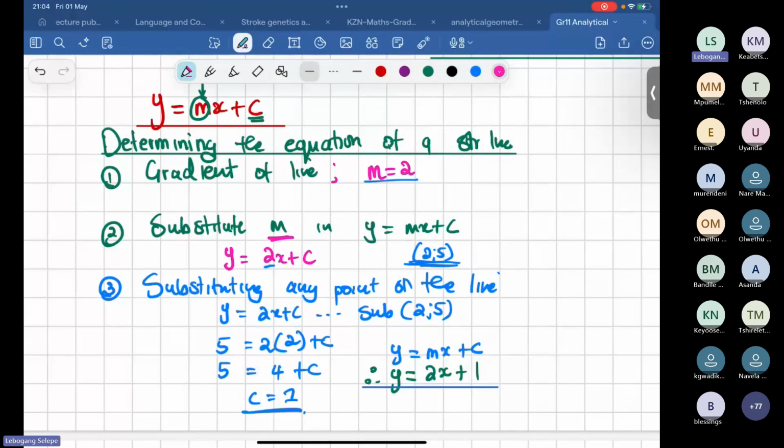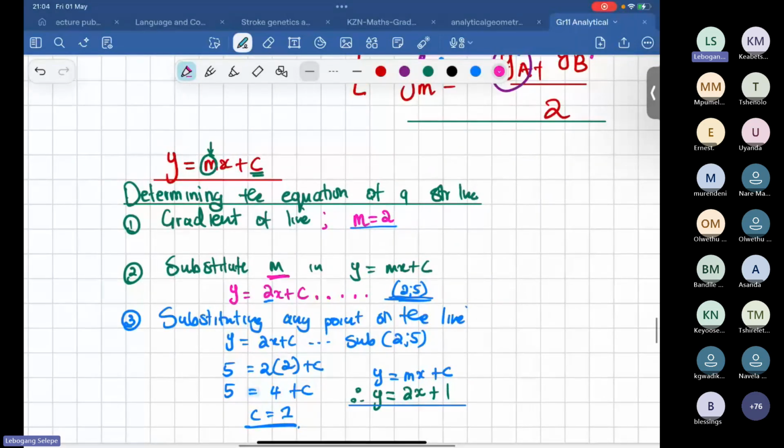Then how am I going to calculate the value of c? The value of c, as I said, is the same thing as the y-intercept. So if they've given you the y-intercept, then you can substitute it right there. But if they haven't, you just need to find a point, any point on the line, substitute it, and then solve for c. And then you have the equation, y is equal to 2x plus 1.